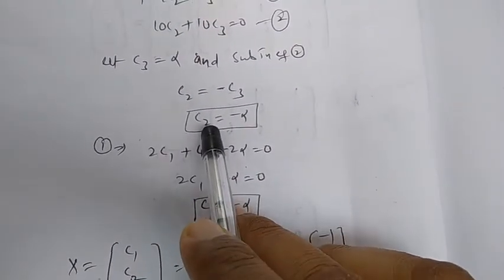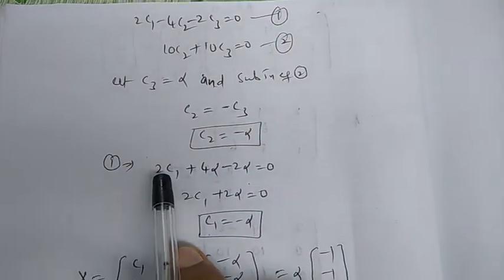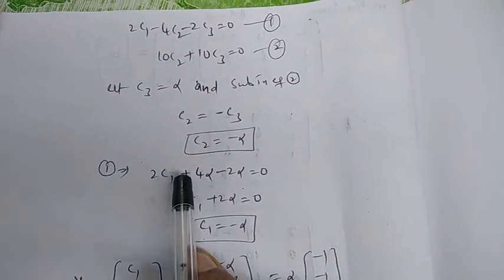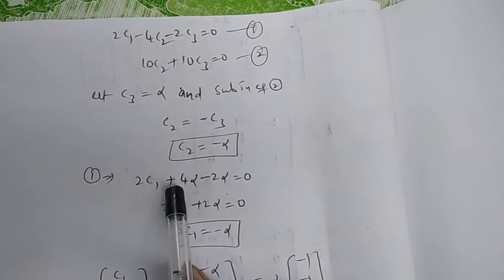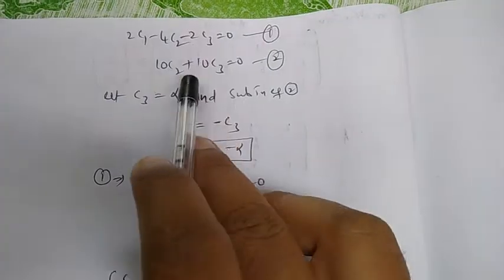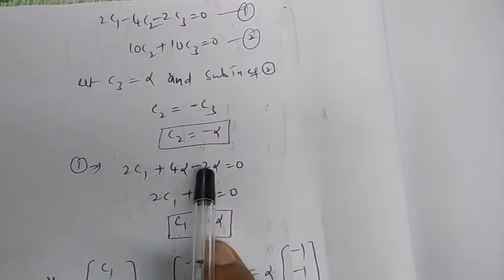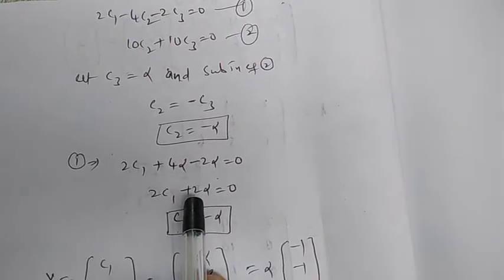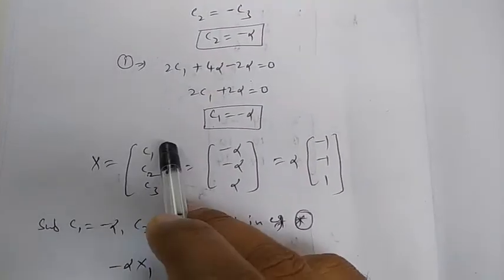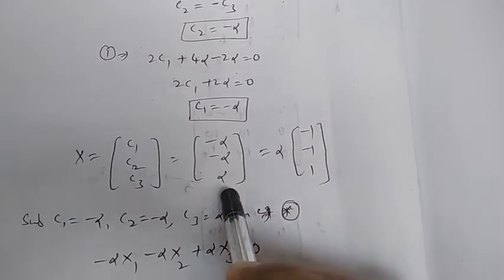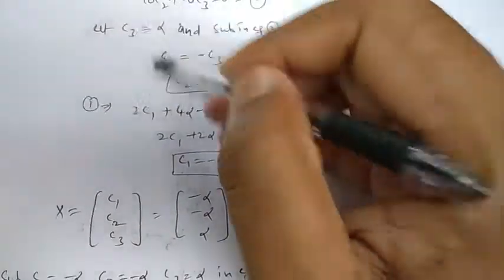Now c2 is minus alpha and c3 is alpha, substitute in equation 1. Then 2c1 plus 4 times minus alpha, minus 2 into c3 which is alpha, equals 0. Now 2c1 minus 4 alpha minus 2 alpha, so c1 equals alpha. Now the solution x is c1, c2, c3 equal to alpha, minus alpha, alpha. Here c1, c2, c3 can't all be zeros, right?